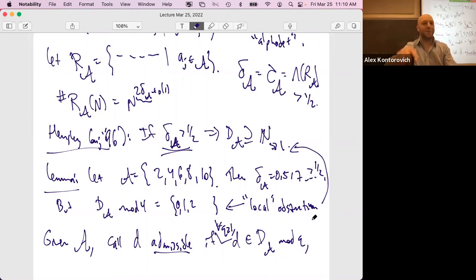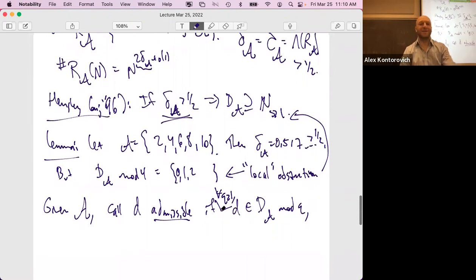But in fact, it's this algebraic geometry that will tell us that this is actually very easy to check. That's what the group condition will be. I'll explain that in a second. Given an A, we call D admissible if for every Q it's in this set. You're avoiding the situation above.